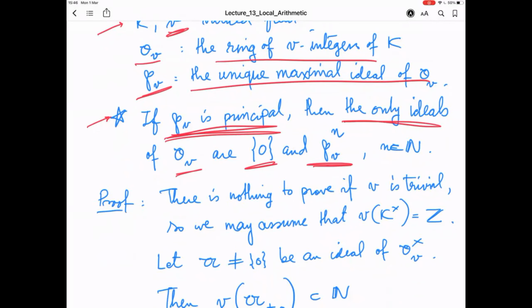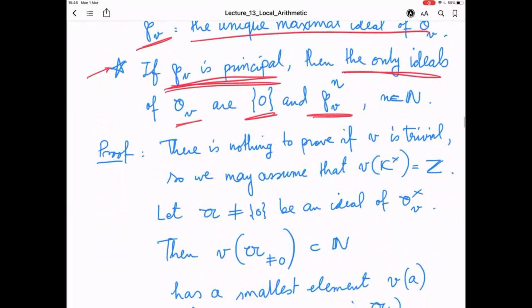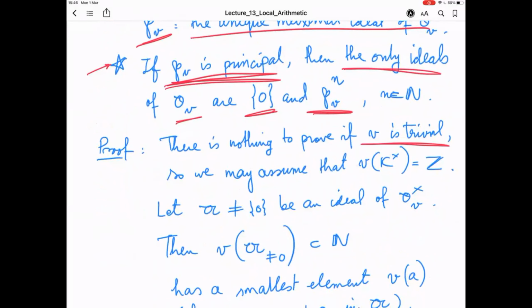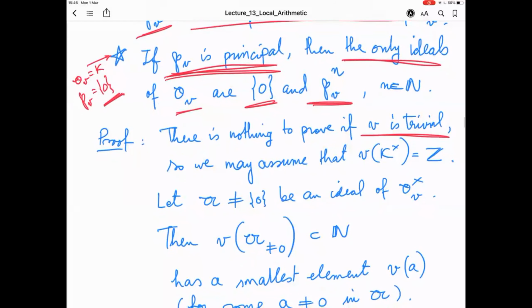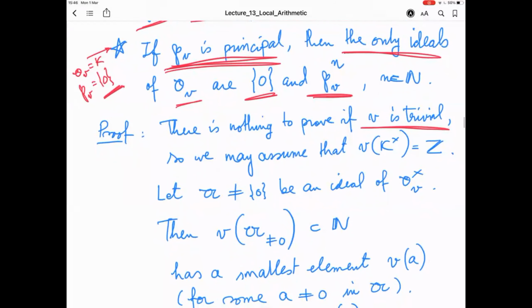How do you prove this? Now, if the valuation v is trivial, there's nothing to prove, because in that case P_v is equal to the zero ideal, and O_v is actually equal to K. So K doesn't have any ideals apart from the zero ideal and the whole of K. But that whole of K is equal to P_v to the power 0.